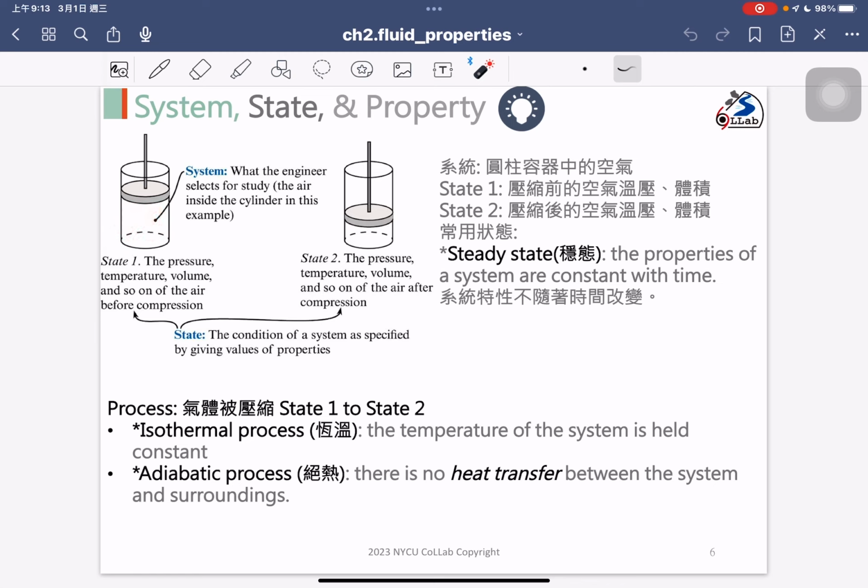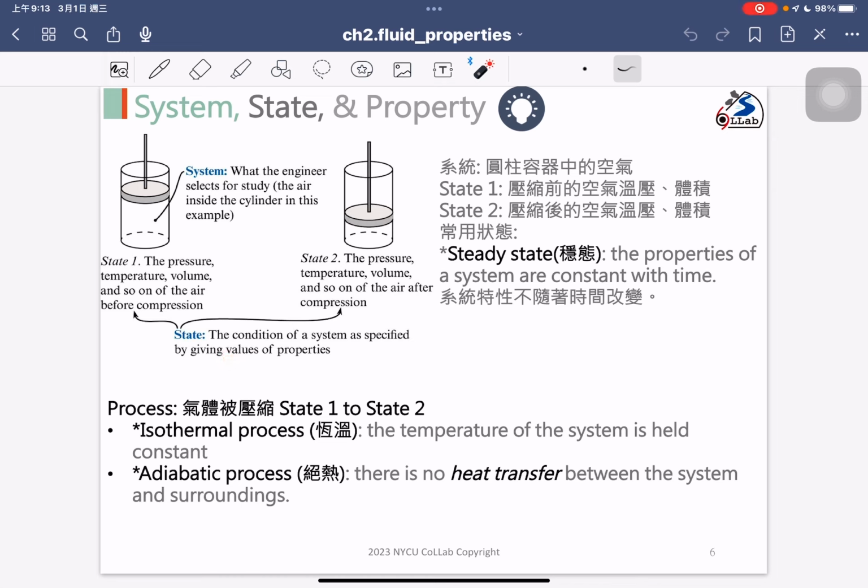And then I try to interpret the state. As you can see in the sentence shown here, the state is the condition of a system specified by giving values of properties.